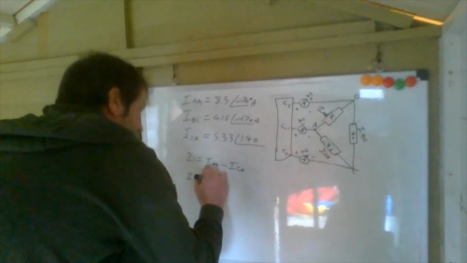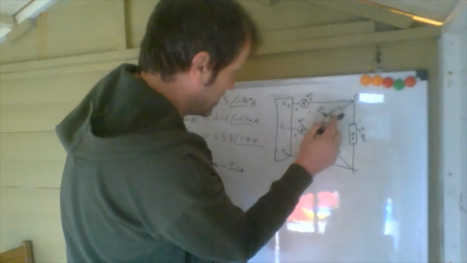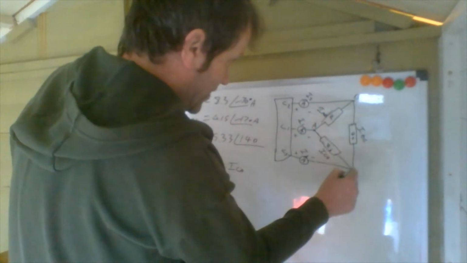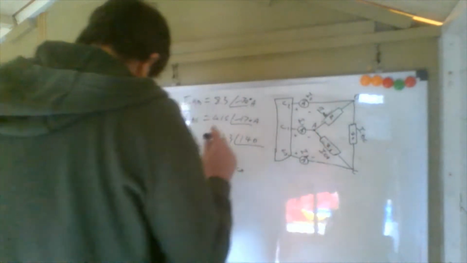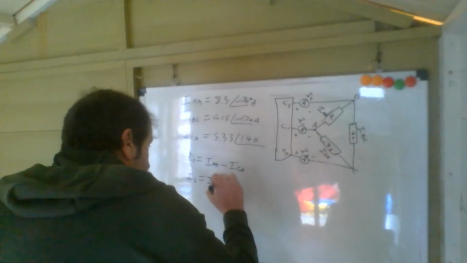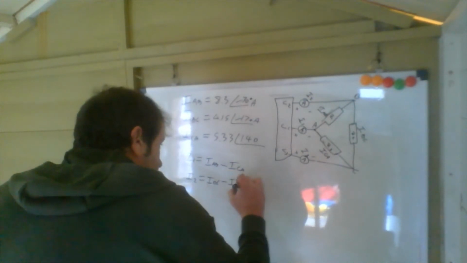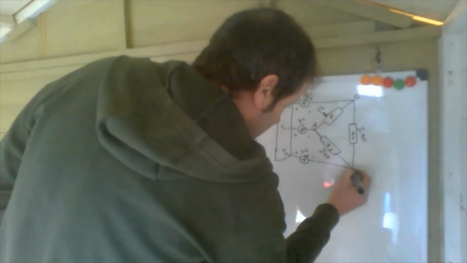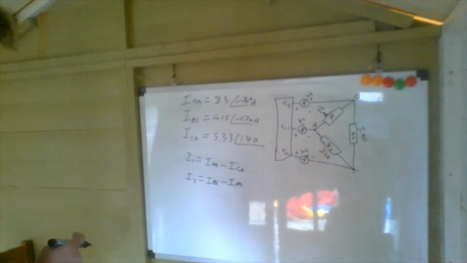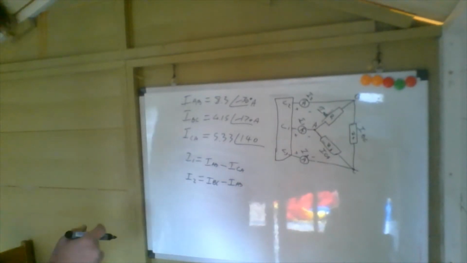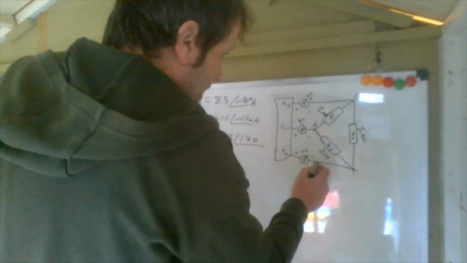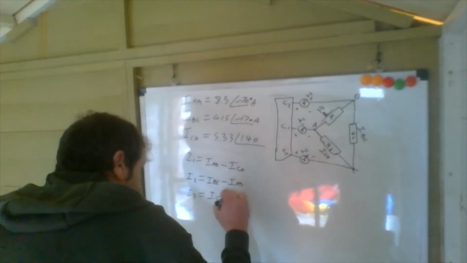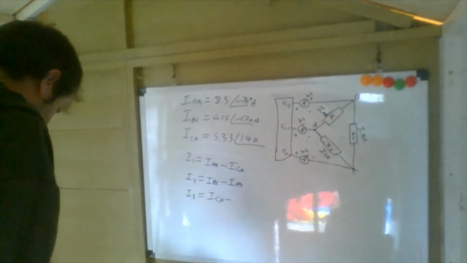Looking at I2 here, at this point we would have IBC travelling that way minus IAB, so that's IBC minus IAB, and at this node here we're going to have ICA minus IBC.